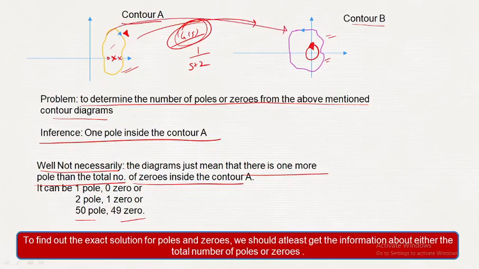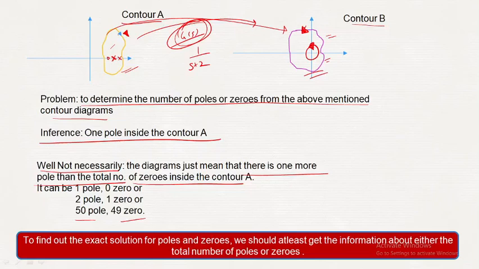Even in that case you will be getting this type of contour only. तो इसका मतलब यही होता है कि एक ज़ीरो या एक पोल ज़्यादा है ज़ीरो से. सिमिलरली अगर इसका डायरेक्शन सपोज ऐसा होता तो उसका मतलब सिर्फ इतना ही होता कि एक ज़ीरो ज़्यादा है पोल से. That's the only meaning and that's the only inference that we can deduce.